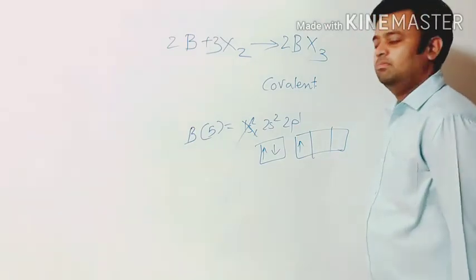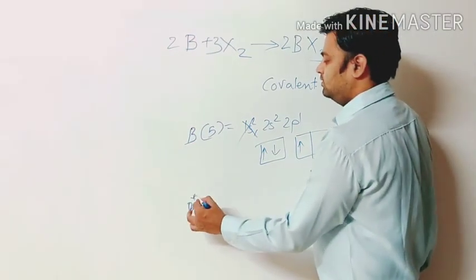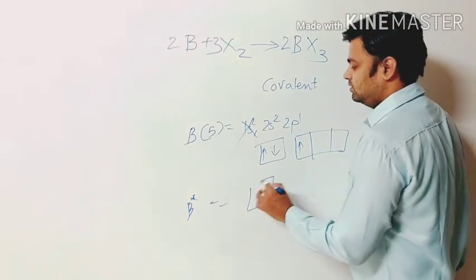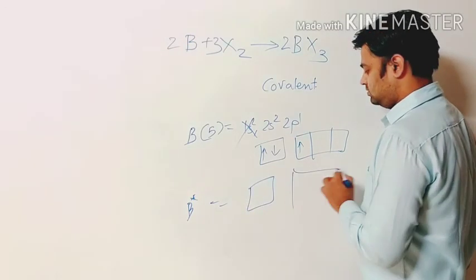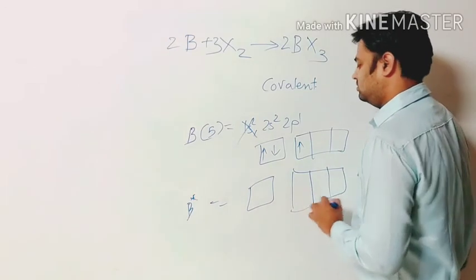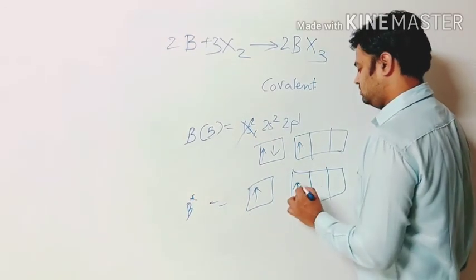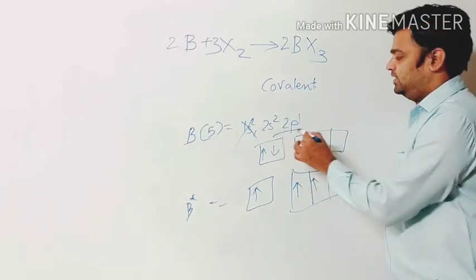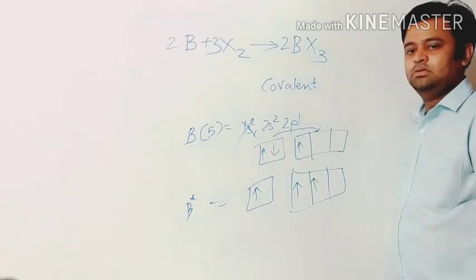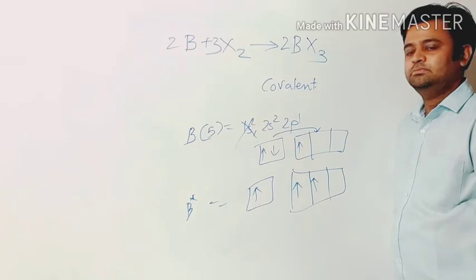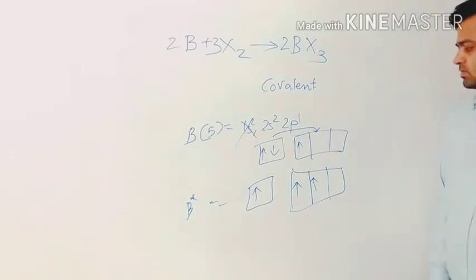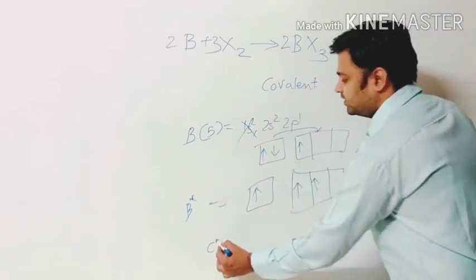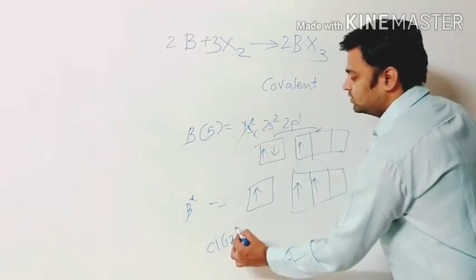But boron easily gets excited, and one electron gets transferred to this side. Now suppose we take chlorine, or fluorine better.